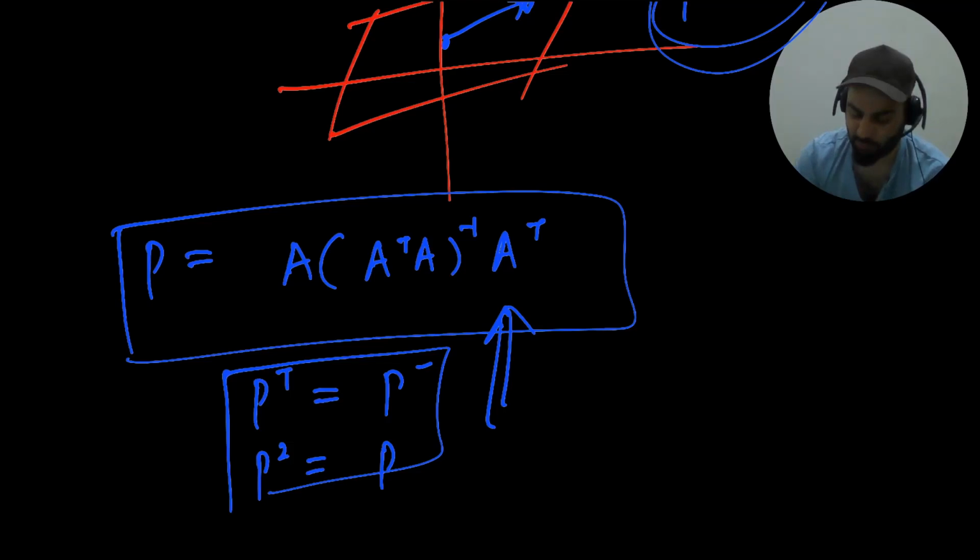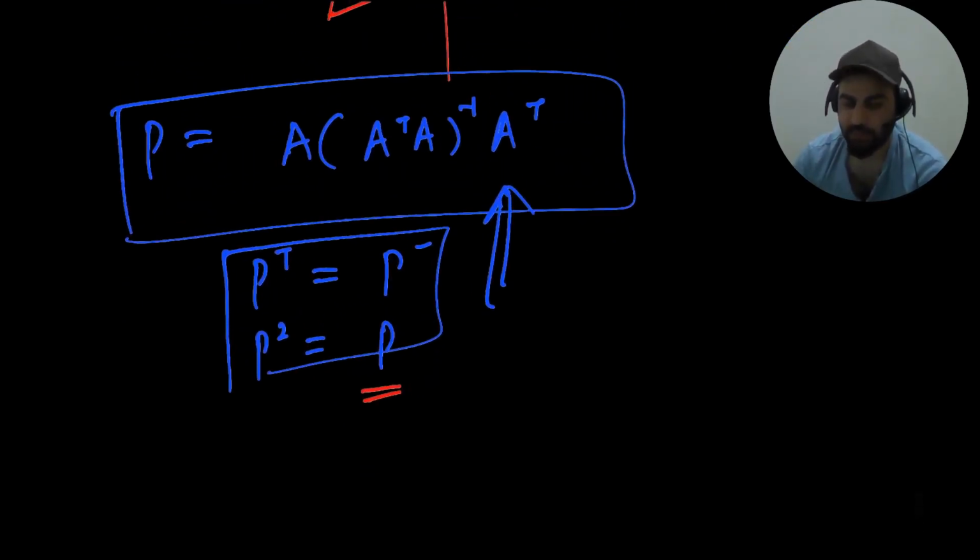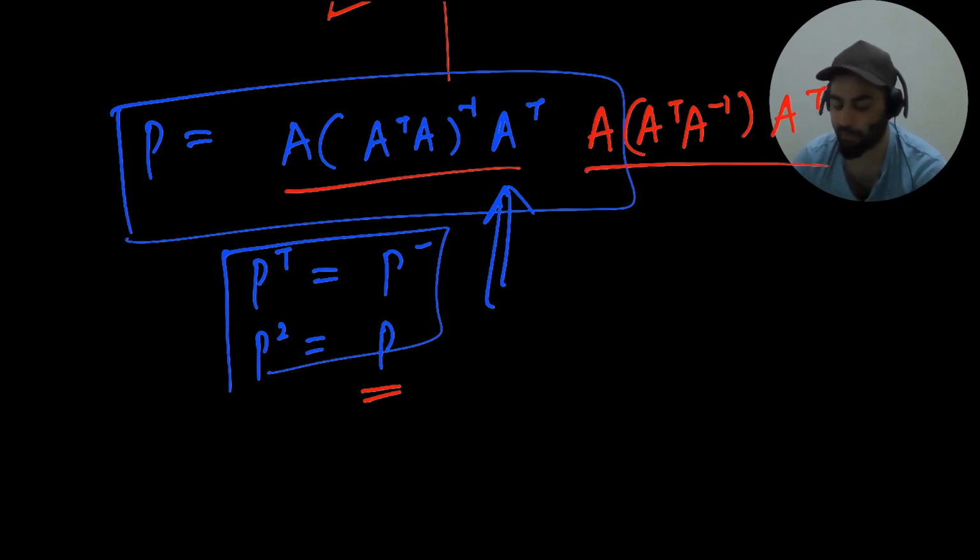I think it is easy. So I'll just show you this P squared thing. How to do this? If you apply this P twice, you'll just apply A, then A transpose A inverse, and then this A transpose. This is P squared, this is P and P. So what to do now? How to put the brackets? Put the brackets in such a way that this becomes invertible.